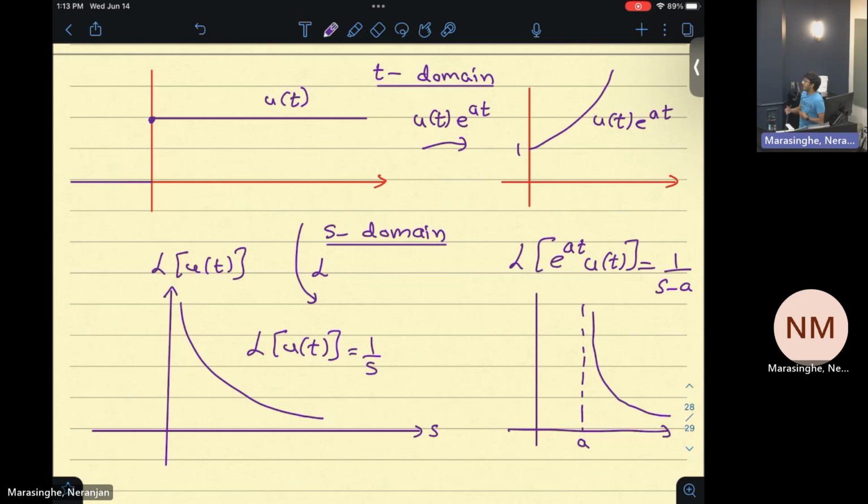So everything would be nice in the Laplace domain, but it is not nice in the t domain. When you're multiplying by an exponential function, it is not going to be nice. But in the Laplace domain, we only get the translation. So this is a very useful theorem, right?